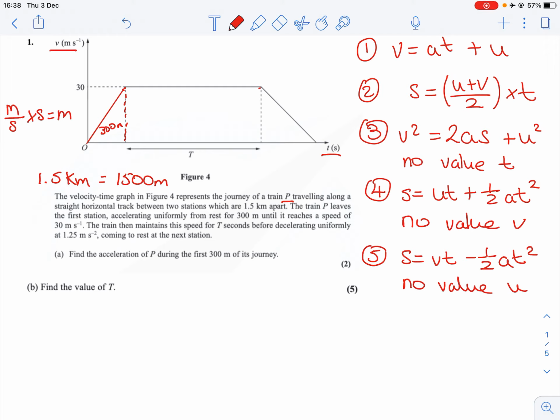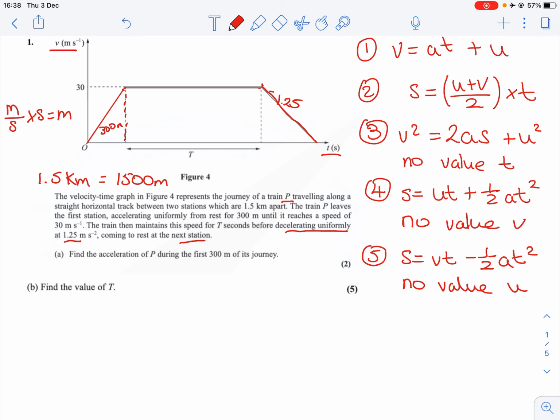Then the train decelerates uniformly at 1.25 meters per second squared, coming to rest at the next station. So the gradient here is minus 1.25 because it's decelerating.